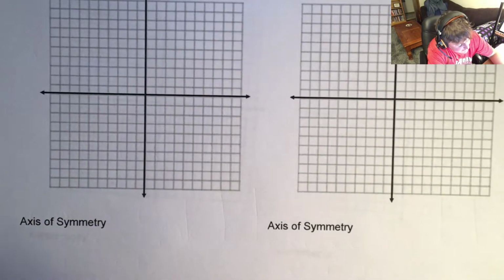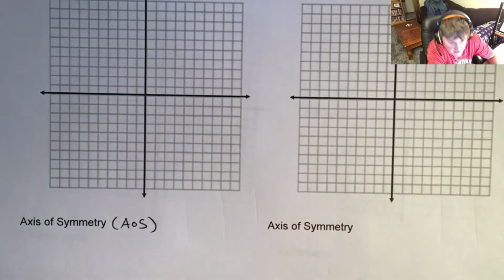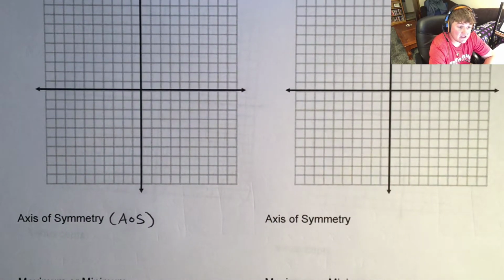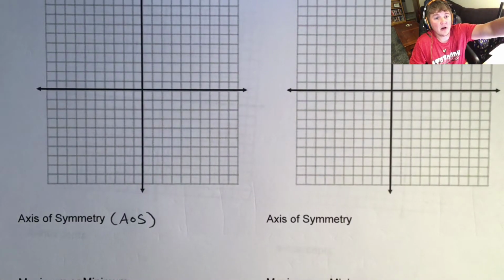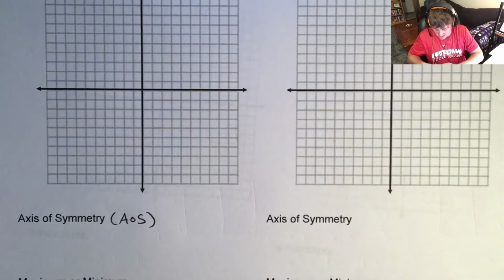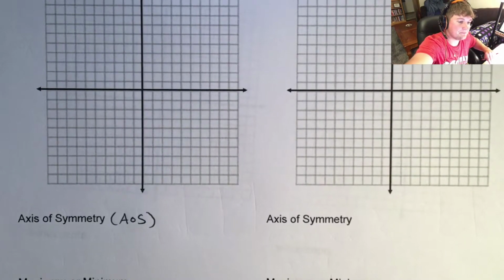Okay, the axis of symmetry, you're going to see me often abbreviate it like this, AOS, for axis of symmetry. Okay, and the axis of symmetry is that vertical dashed line. We've actually already done an axis of symmetry before. Okay, and it's very important because the vertex lies on the axis of symmetry.